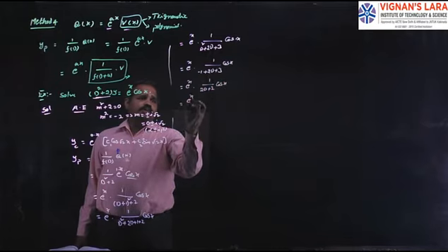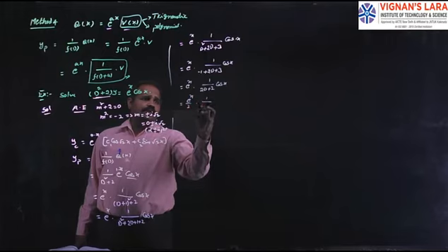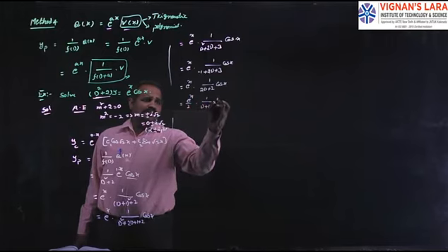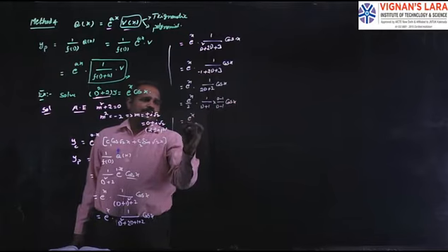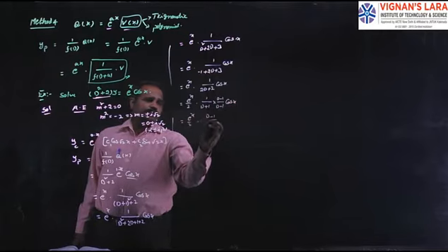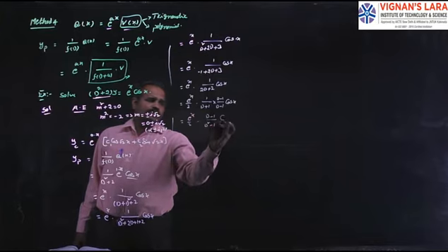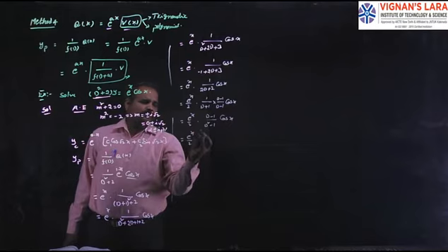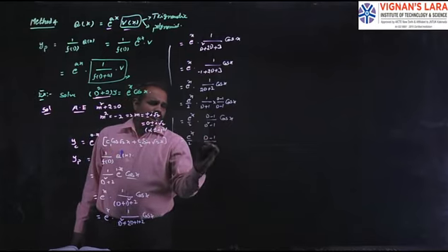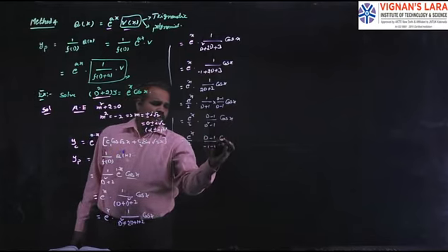Which is equal to, take 2 common, 1 by D plus 1. The rationalizing factor is D minus 1 by D minus 1 into cos x. So e power x by 2, D minus 1 by D square minus 1 into cos x. D square value is minus 1, so substitute that. The denominator does not become 0, so minus 1 minus 1 into cos x.